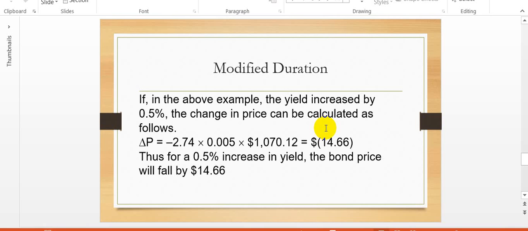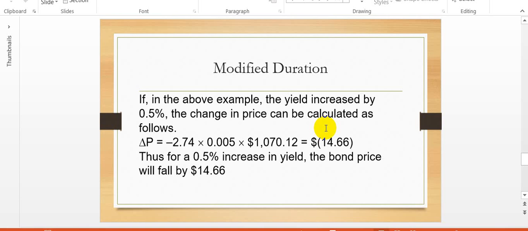So following on from the previous example, if the yield increased by 0.5%, the change in price can be calculated as follows.